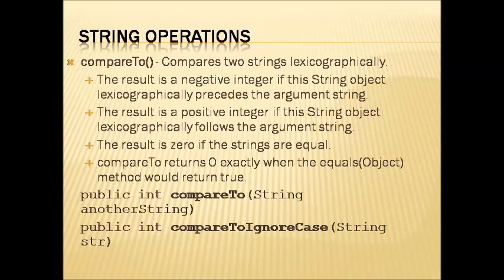Both will return an integer value. It checks the strings lexicographically. So it will return 0 if both the strings are equal. Otherwise, it will return an integer value based on the ASCII characters difference.